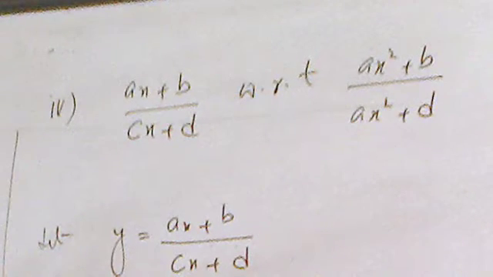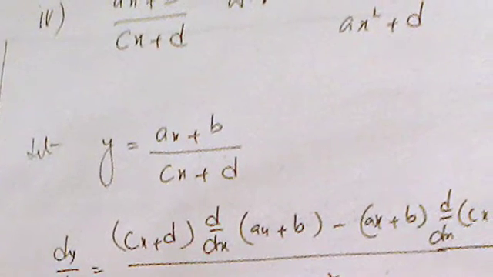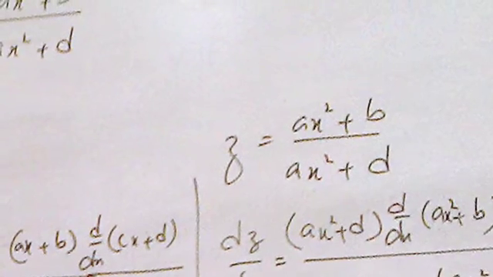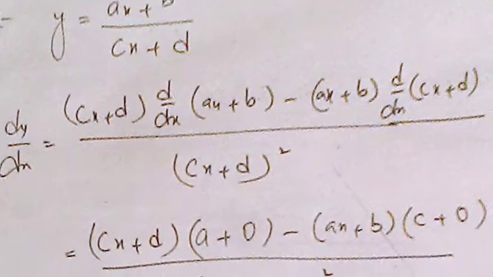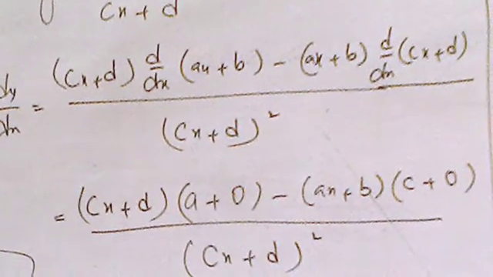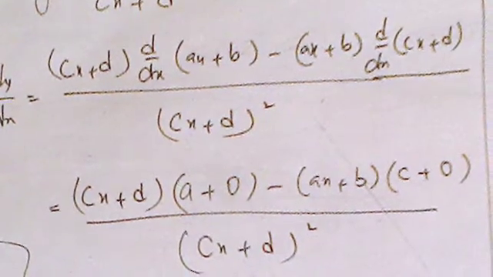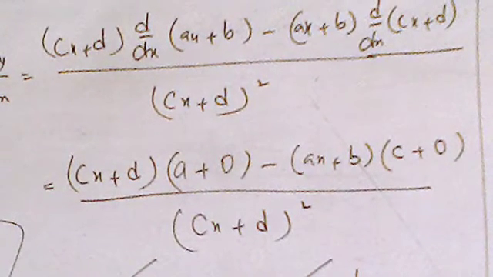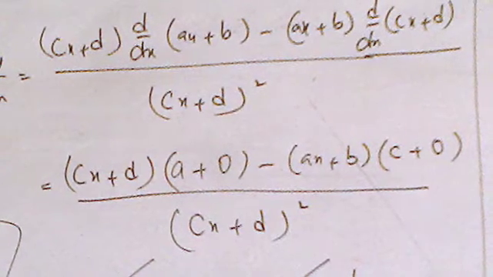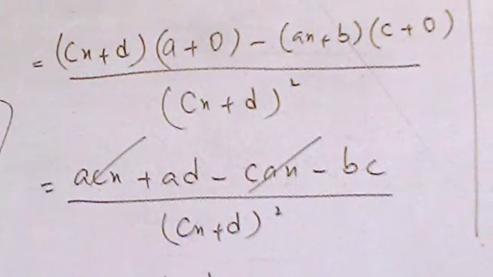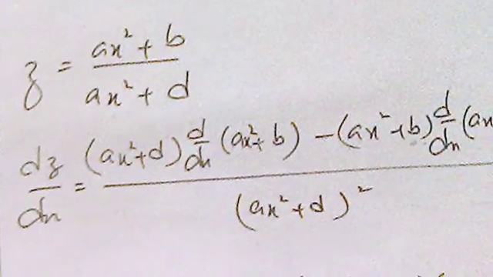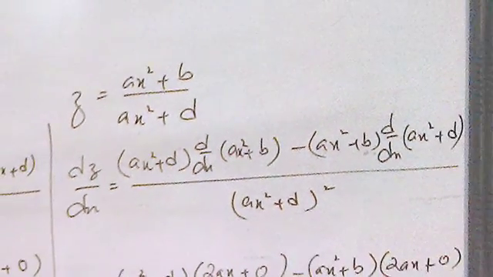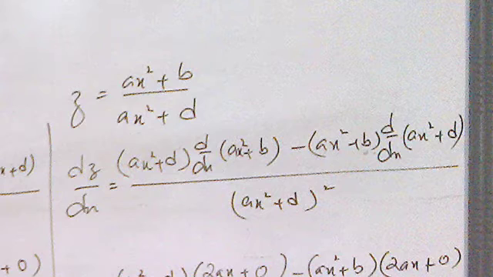Now here we have these two values, both are fractions, and we let one be y and the other z. Again we apply the quotient rule, n over d. Now for its derivative, we put these values in the quotient rule. Derivative of ax is a and derivative of b is 0, and then we multiply these values, and in this fraction we again apply the quotient rule.